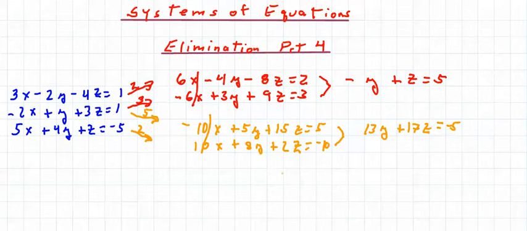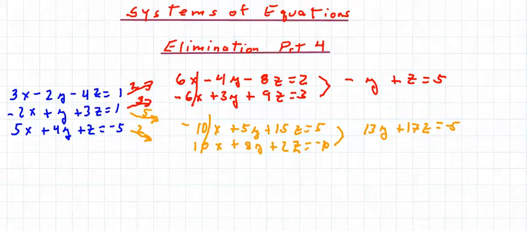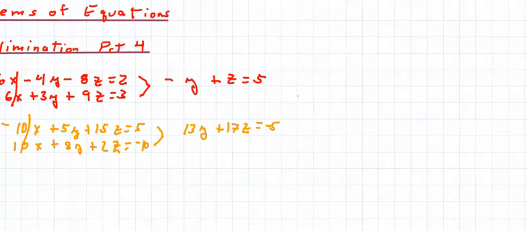All right, slide over here. And now I'm dealing with 2 equations with no variable of x. I have this equation with y and z, this equation with y and z, and now this is easy to solve. I'm going to take the top equation and multiply it by 13, and the bottom equation will stay the same.